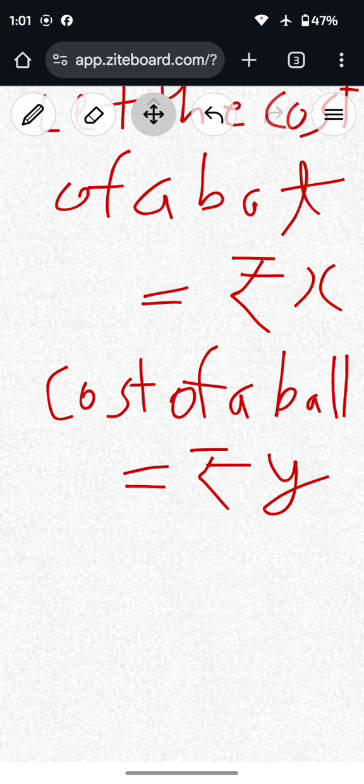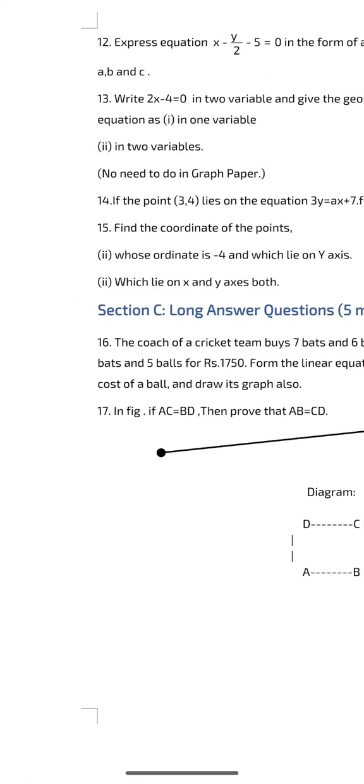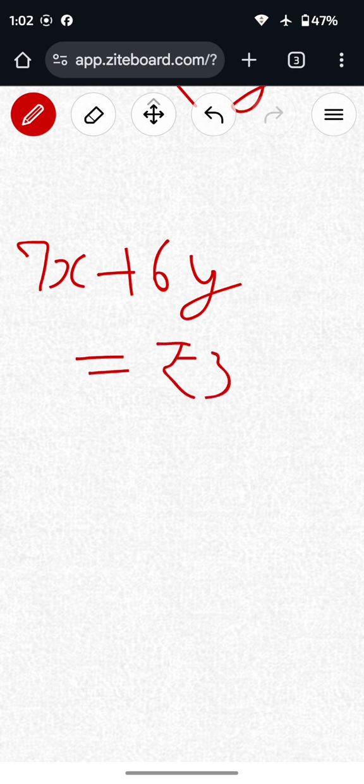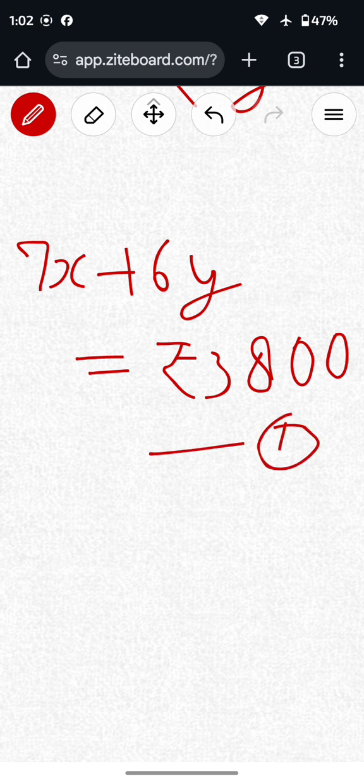So according to the question, he buys 7 bats and 6 balls. Firstly he buys 7 bats, so the cost of 7 bats will be 7x, and the cost of 6 balls will be 6y. Total he spent 3,800 rupees. So this is equation number 1, and this is the linear equation for the condition.